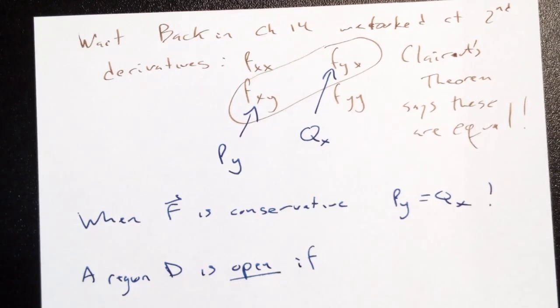Here's a topology word for you that we talked about yesterday. What does it mean to be open? It's open if it contains none of its boundaries. It's got little balls around it for every point.